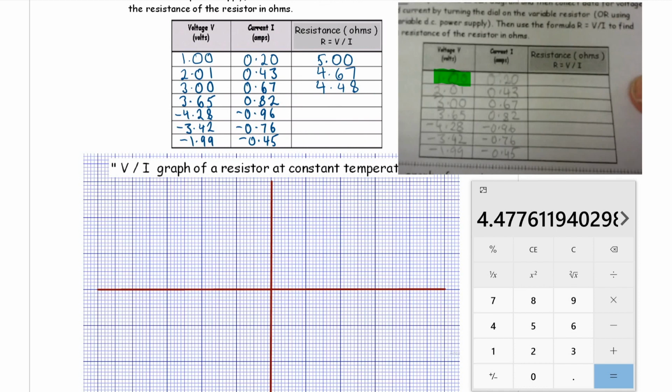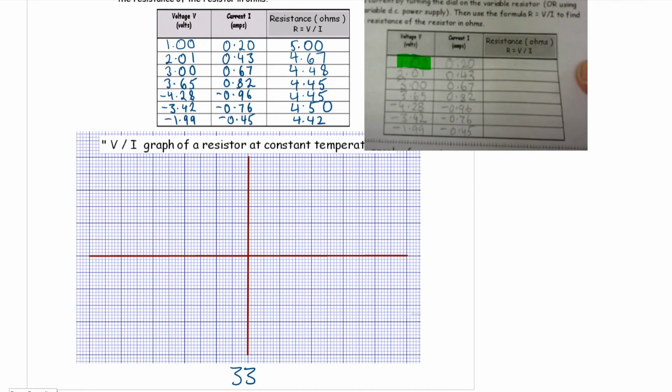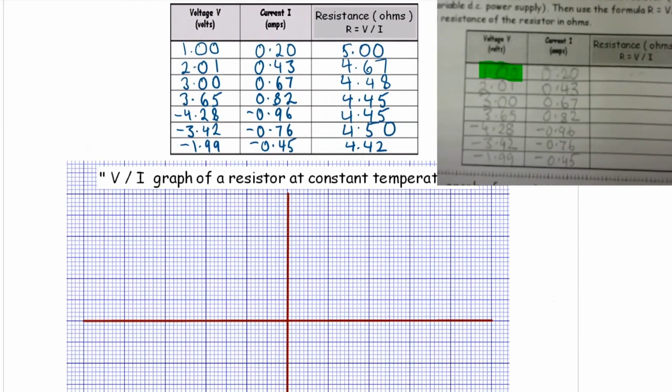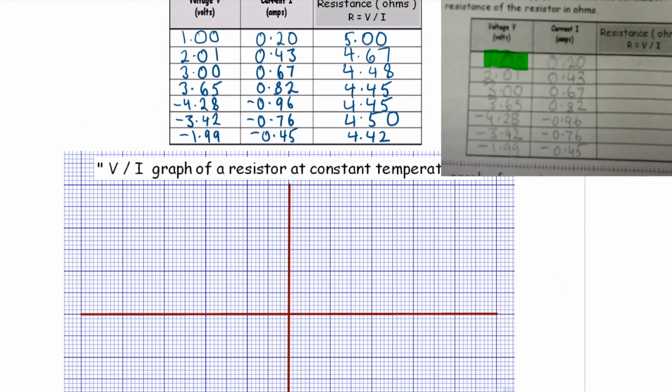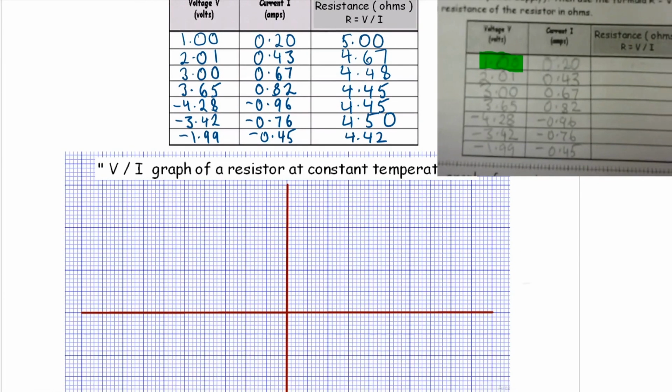Now, when you've completed that table, I want you now to pause the video and complete the table, and then to plot the graph. So just pause. When you fill that table in, it should look like that, with the resistance calculated to 2 decimal places.